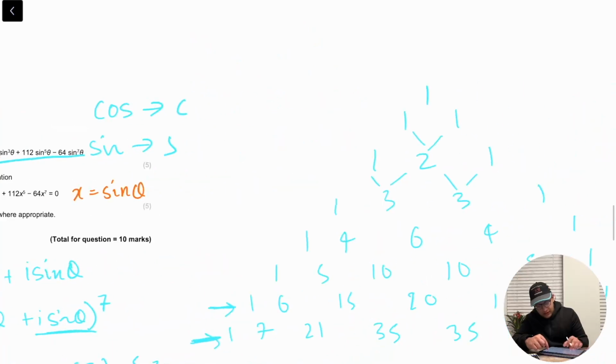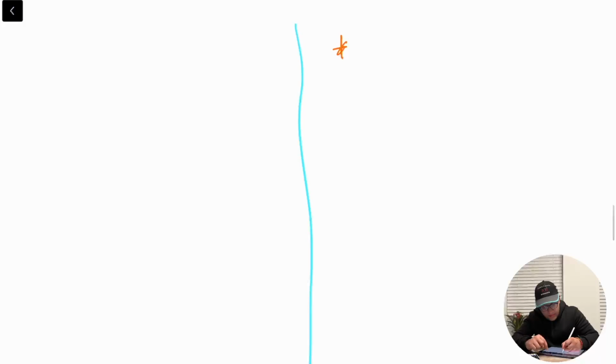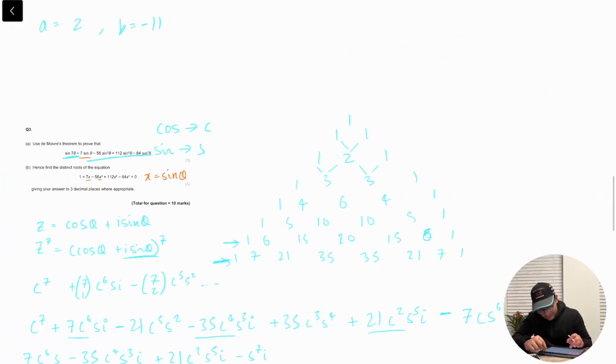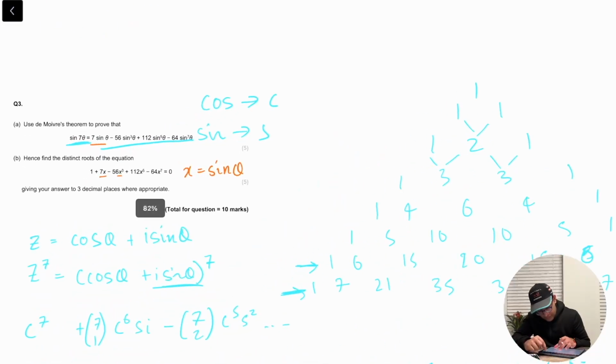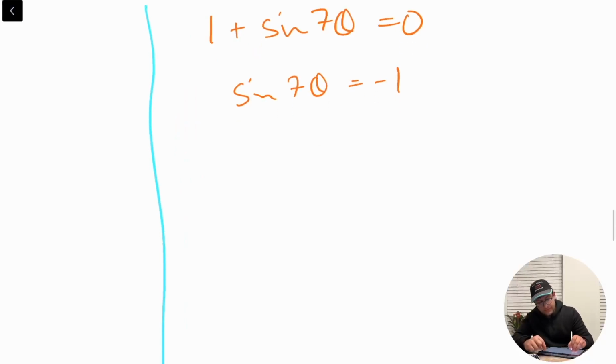So essentially, it is nothing but 1 plus sine of 7 theta equals 0. X equals sine theta, sine 7 theta, yeah? So sine of 7 theta equals -1.